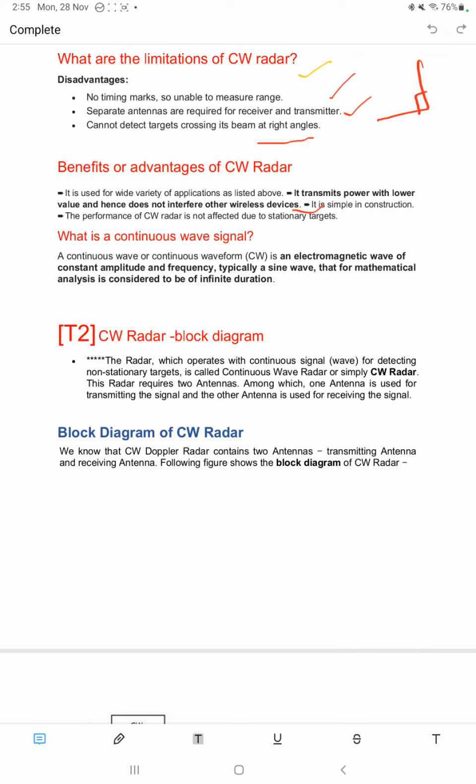What is a continuous wave signal? A continuous wave signal or continuous waveform is an electromagnetic wave of constant amplitude and constant frequency.